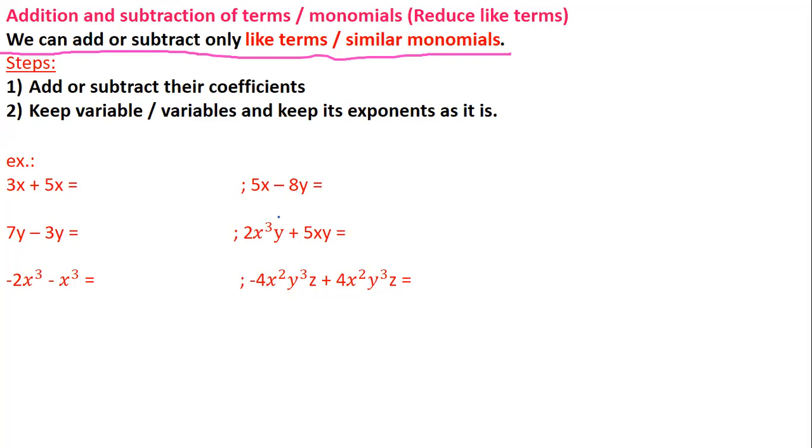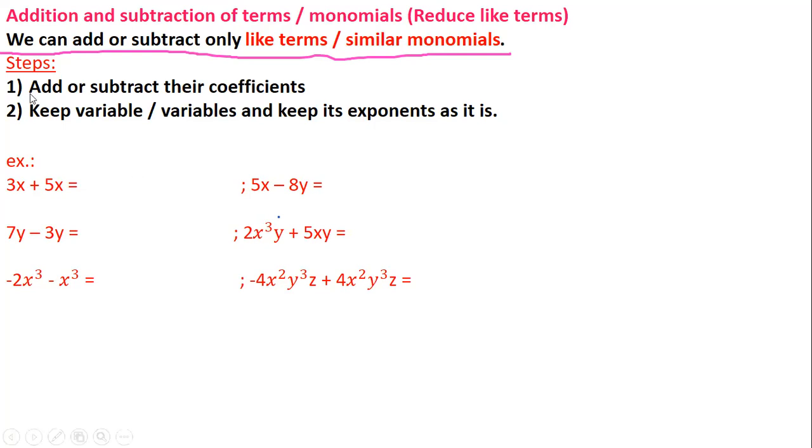What are like monomials? What do like monomials have? Same variable, same exponents. Bravo. The same variables and the same exponents. So before adding or subtracting, I should not just see plus and minus and start adding. Before adding or subtracting I should be sure that my monomials are like.